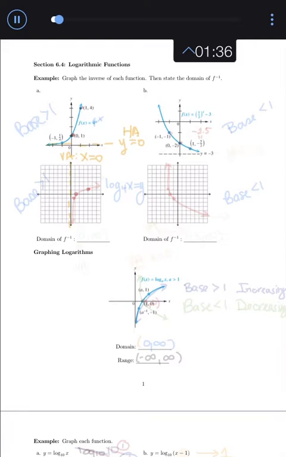And just like before, it will still be increasing. And the original function was 4 to the x, so it's base 4. So this will be the graph of log base 4 of x, because the base stays the same.